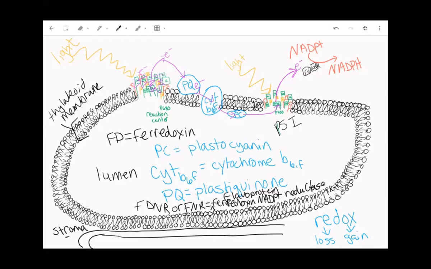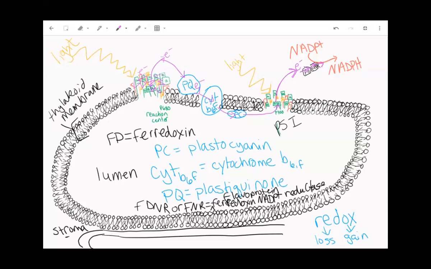The other potential fate of that electron, so in this case, it got passed to FD, FNR, and then to our final electron acceptor there.